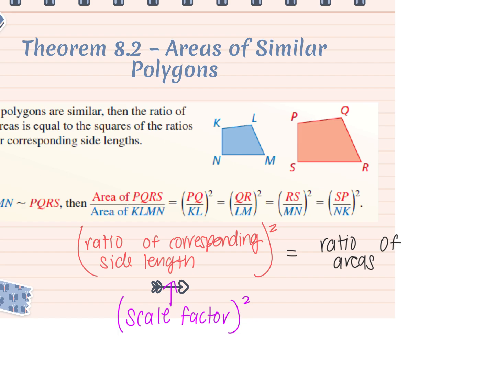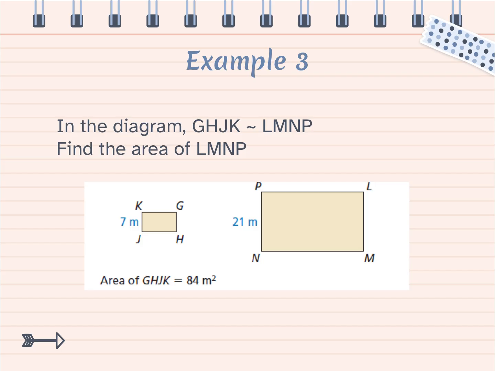Looking at this example, they're giving you the area of GHJK. What they're asking us to do is find the area of LMNP. Right now I'm representing it as X because we don't know that.